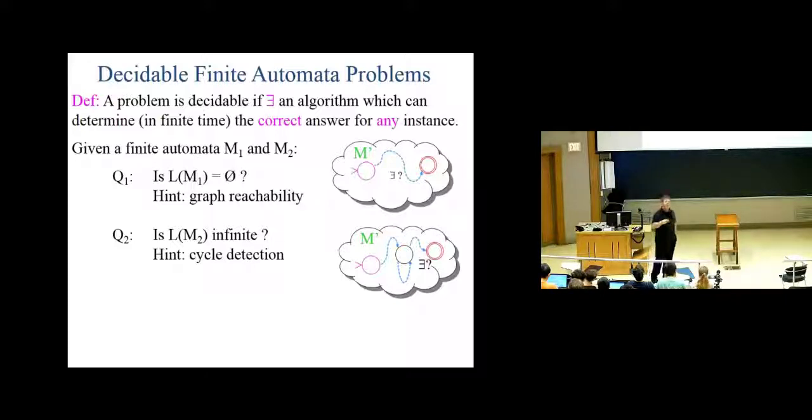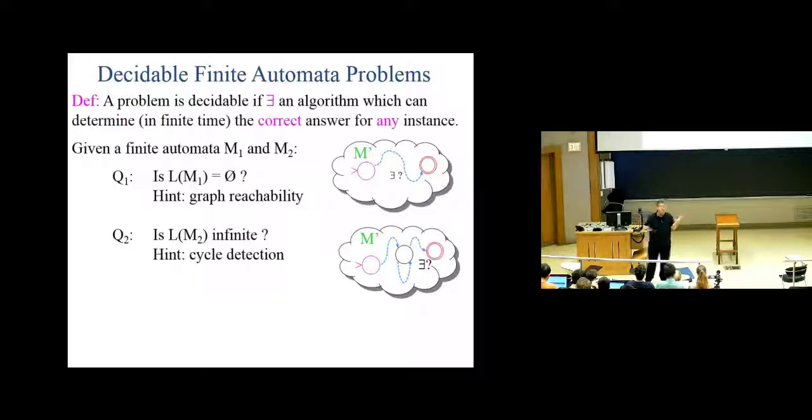And moreover, the loop itself has to be able to reach a final state. Otherwise, the loop can be invoked many times, sure enough, but it's never going to reach a final state, so no strings will be accepted. And so the loop doesn't do you any good again. So you have to have a loop that's reachable from a start state and from which a final state is reachable.